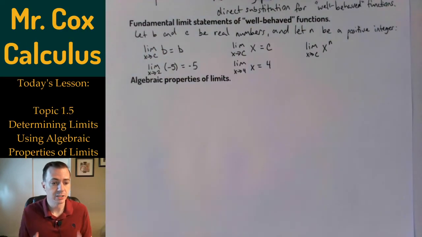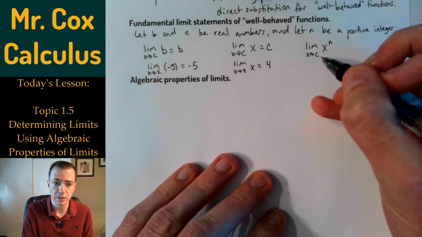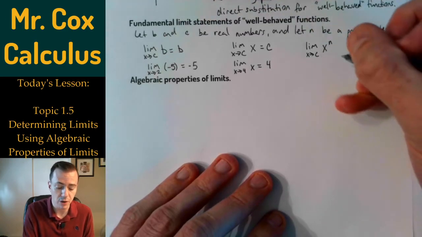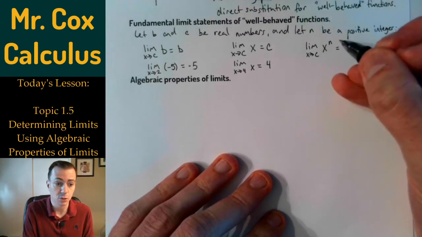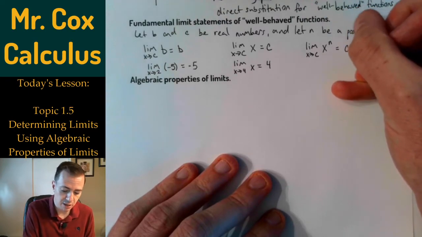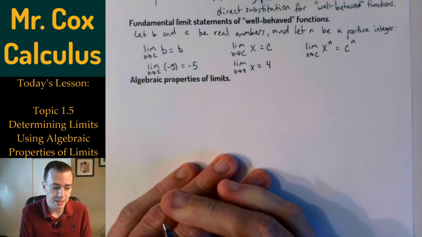But we're talking about functions like x squared, x cubed, x to the fourth, continuous functions where nothing weird happens. I can say that as I'm getting really close to C, I'm just approaching the function values of x to whatever power. And so this ends up equaling C to the n.